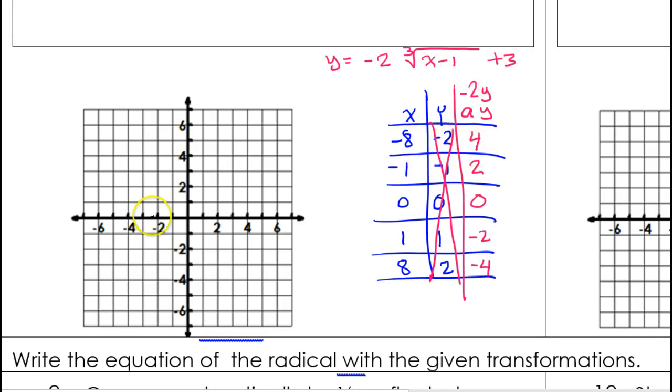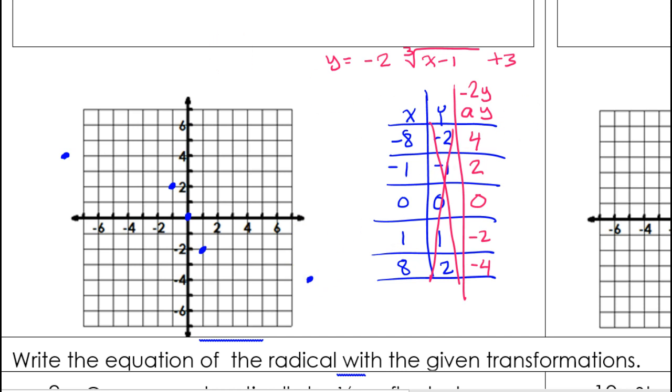So -8, 4, that's going to be here. -1, 2 would be here. 0, 0, 1, -2, and 8, -4 would be here.